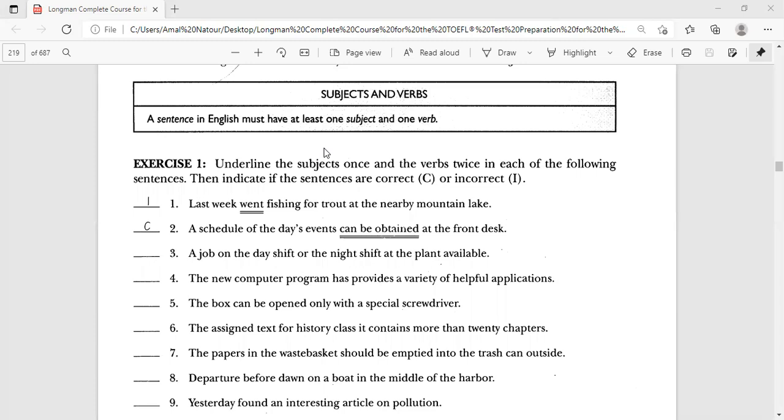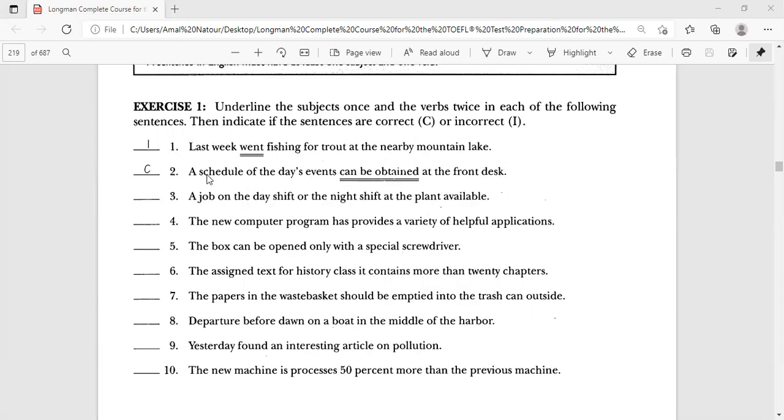Okay, now let's look at this exercise. This exercise indicates that the sentence should be either correct or incorrect. We have to write I when the sentence is wrong or incorrect, and C when it is correct or right.